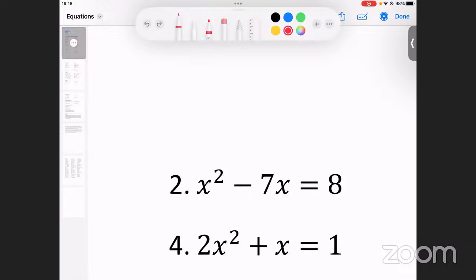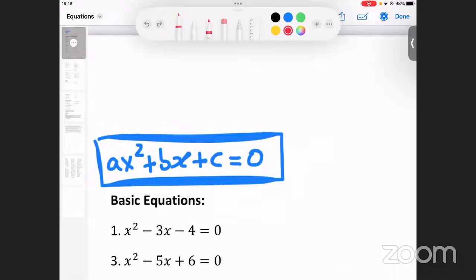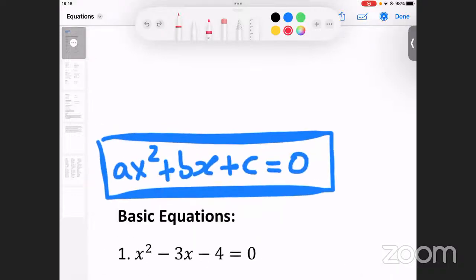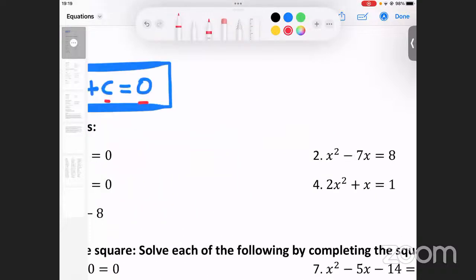You look at this, you can see it's not the same as that because it's not in that format of ax squared, bx, and c, and everything must be equated to 0, which means you can take that to the other side. And then from there, you equate it to 0, you factorize, you find the final answers.